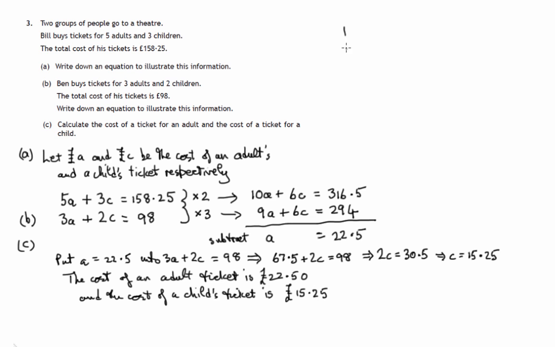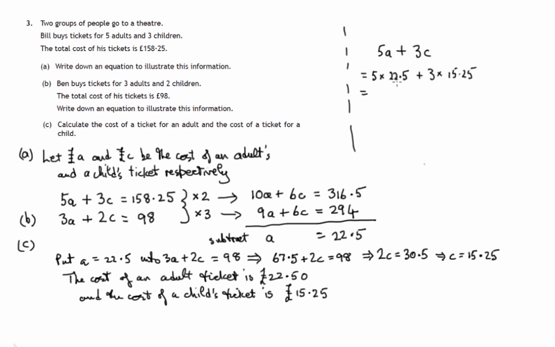Now, I think it would be probably safer to check, and usually you do your check. You've used the 3A plus 2C equals 98 down here, so we would usually check in the second equation that 5A plus 3C does indeed come to this. So 5 lots of the sum we've found was £22.50, 22.5, and 3 lots of C we found cost of a child's ticket was £15.25.